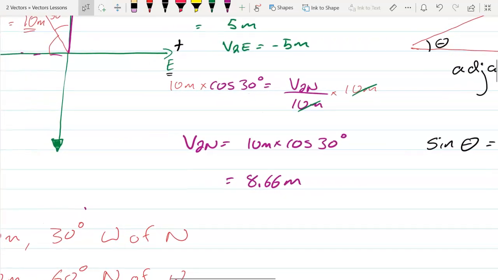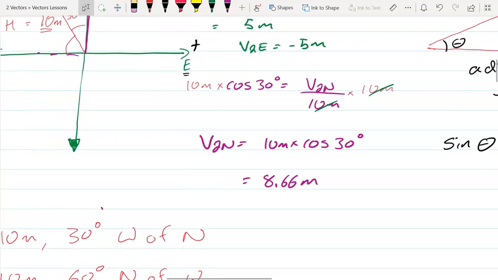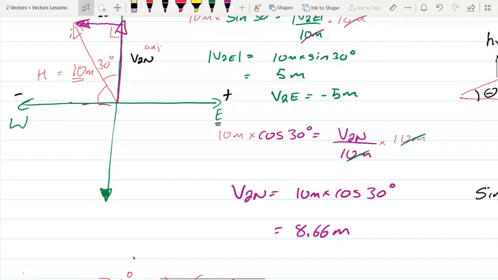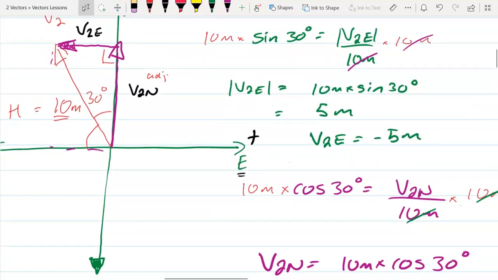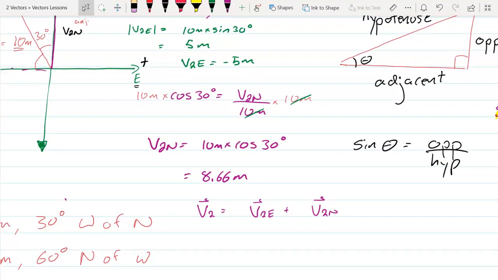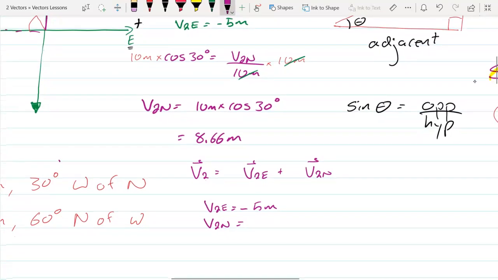So now we have the components of vector v2. Vector v2 equals vector v2 east plus v2 north. You could see this vector sum, and we know the values: v2 east equals negative 5 meters, v2 north equals 8.66 meters.